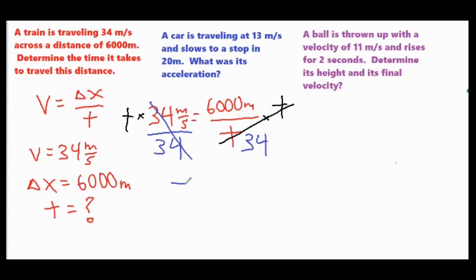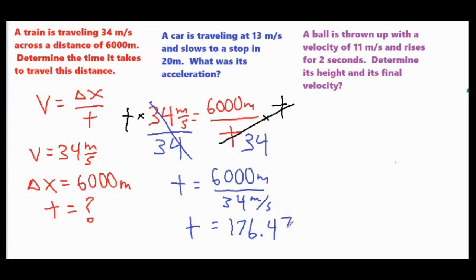And then that leaves us with t equal to 6,000 meters divided by 34 meters per second. We're going to go ahead and place that into our calculator, divide them out, and then we get 176.47 seconds as our final answer.